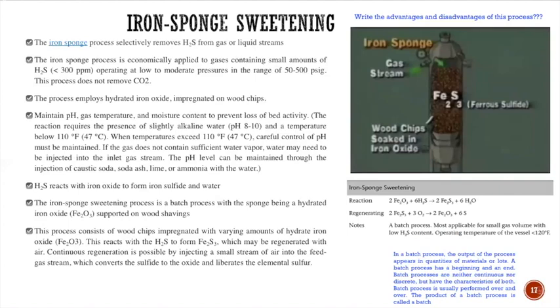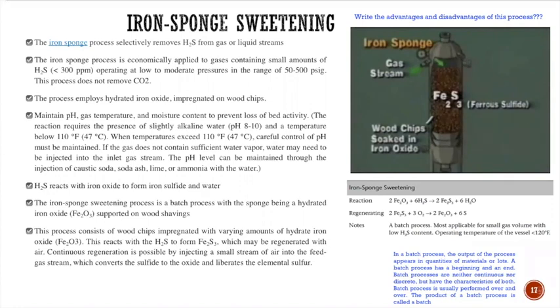Also, it should be noted that this reaction requires a slightly alkaline environment and a temperature below 100 degrees centigrade. Because the temperature requirement is less than 110 degrees centigrade and the environment is to be alkaline, some water needs to be added externally, right?